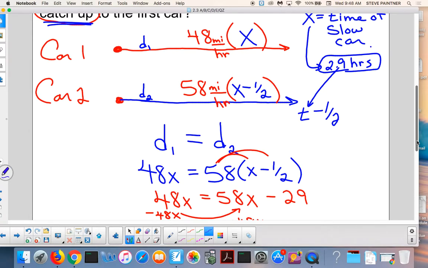So the second car only took what? Put the 2.9 here. Take off a half an hour. Second car traveled how long? If you put the 2.9 in and you take off a 0.5, 2.4 hours, yes.